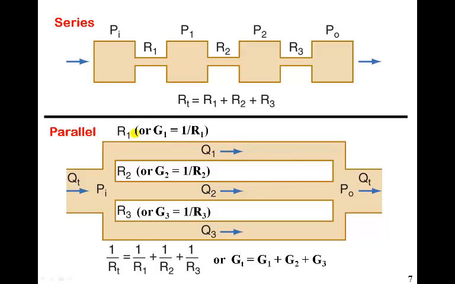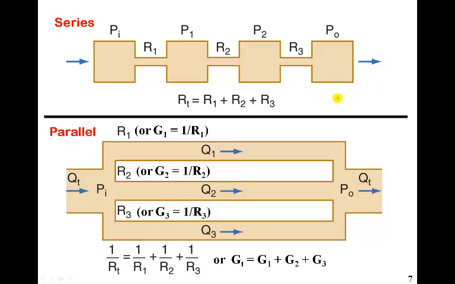That depends on how the vessels are arranged. If you have different vessels arranged one after another in a line, this is called in series, so that the flow has to go from this chamber to chamber 1 to chamber 2 to chamber 3, and has to pass through R1, R2, and R3 in order to get through.